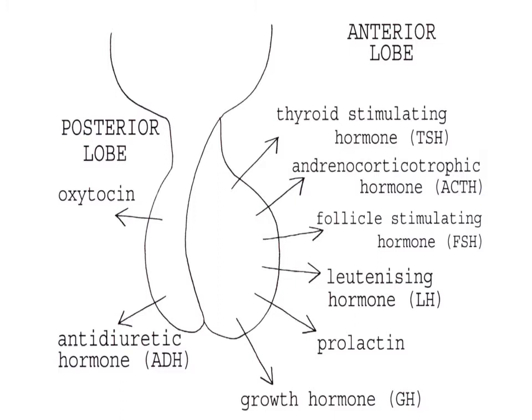In men, luteinizing hormone stimulates the endocrine tissues in the testes to produce the male hormone testosterone. So in men, the luteinizing hormone is going to stimulate the production of testosterone.